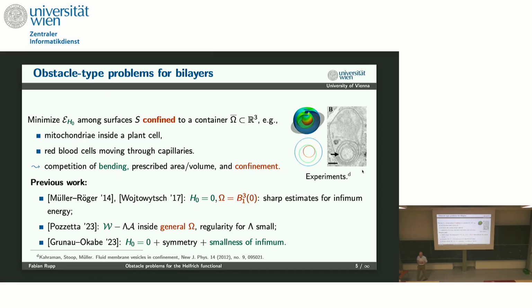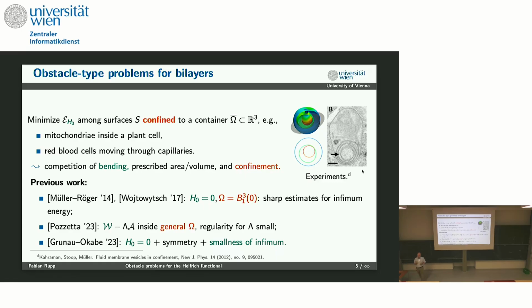It has been studied before, starting with the work of Stefan Müller and Matthias Röger from 2014, where they looked at the Willmore energy, so no spontaneous curvature, and the obstacle given by the unit ball in R3. They didn't really prove existence of minimizers at this point, but they proved very sharp estimates on the infimum energy depending on the area parameter.